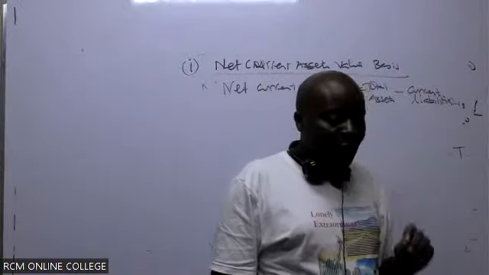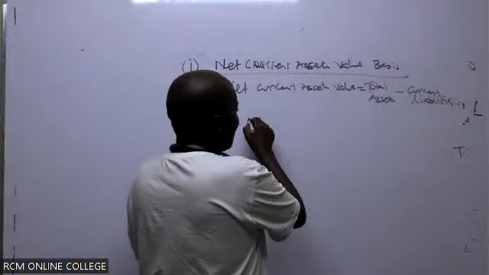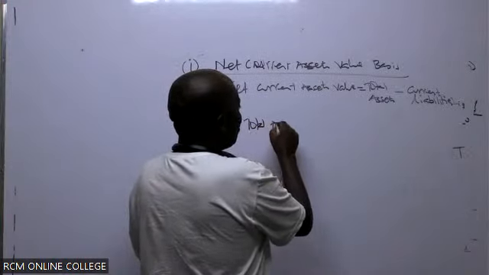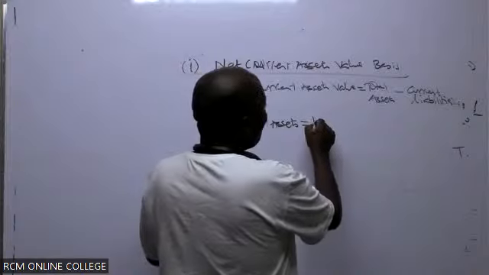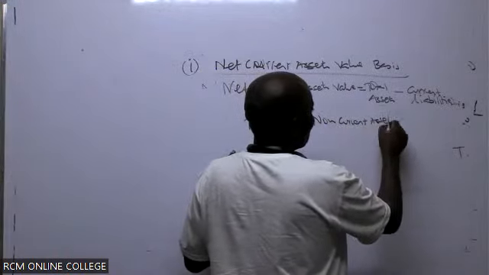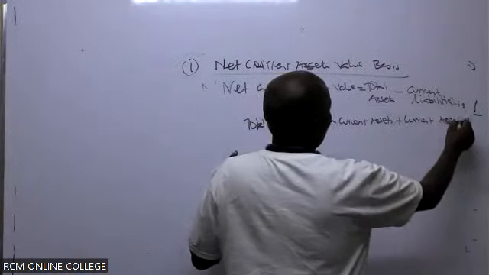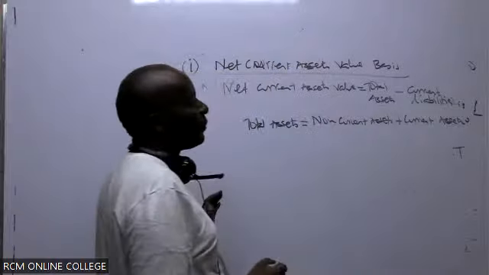Already, if you look at this place, they have given us non-current. You see, how do we get total assets? To get total assets, we normally take non-current assets plus current assets.